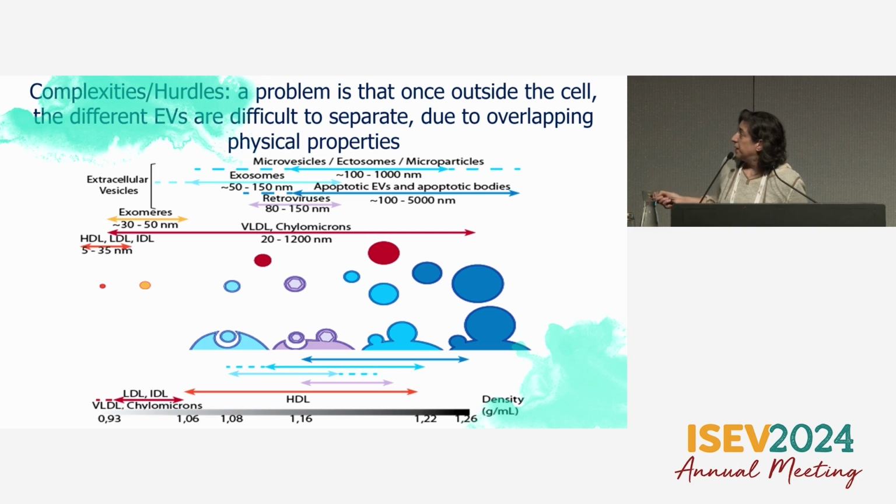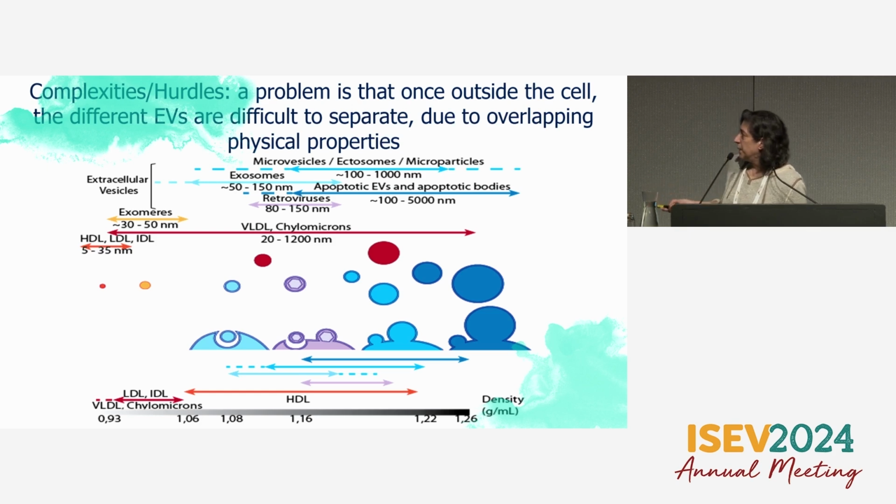So on the top here is illustrated the size of the EVs, and the exosome, or the smallest ectosomes, overlapping in size, but also overlapping with apoptotic EVs and apoptotic bodies, and overlapping with retroviruses, which actually could be considered as an extracellular vesicle, and also overlapping with some lipoproteins.